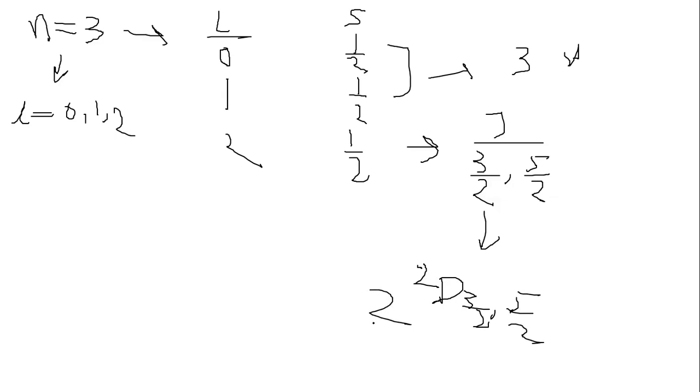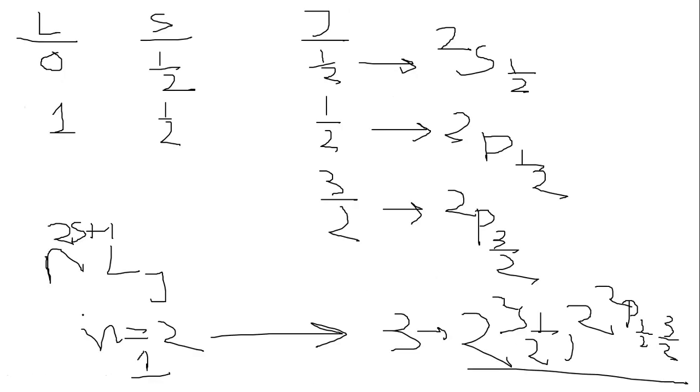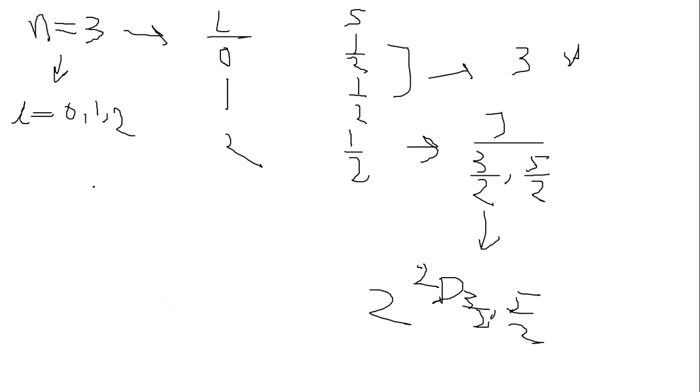So for n equal to 2 we got 3 levels, and similarly for n equal to 3, we got 5 levels, because there are the 3 levels and these 2 levels. So for n equal to 3, we got 5 levels.